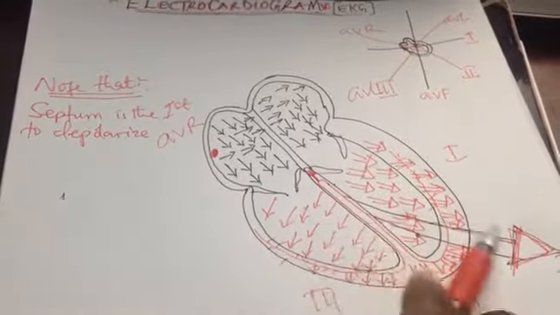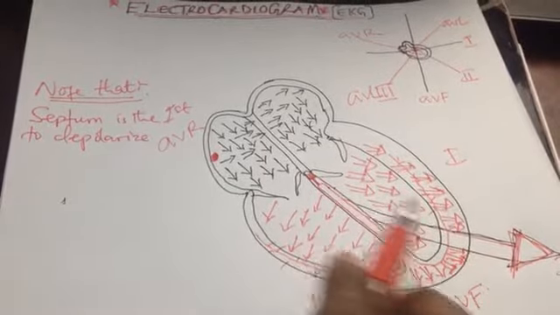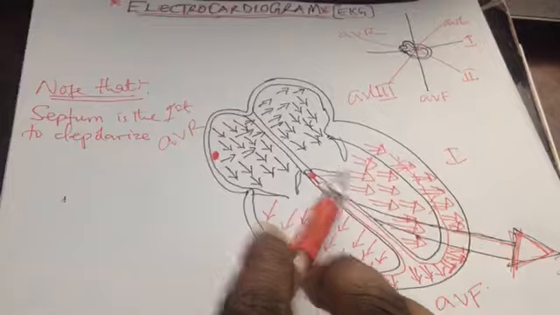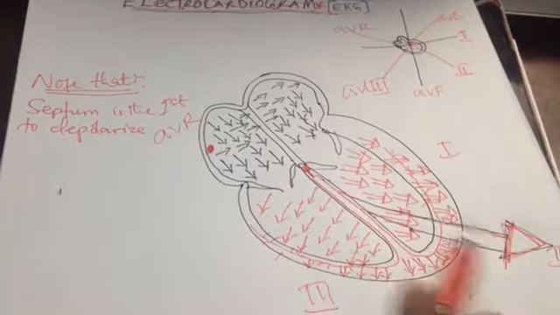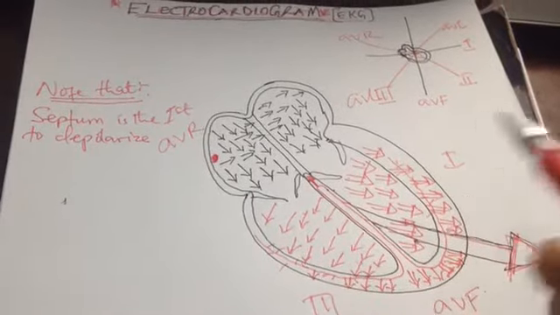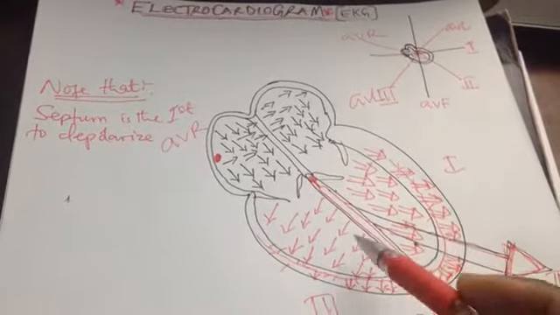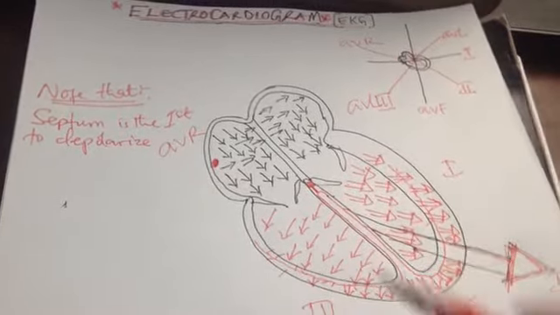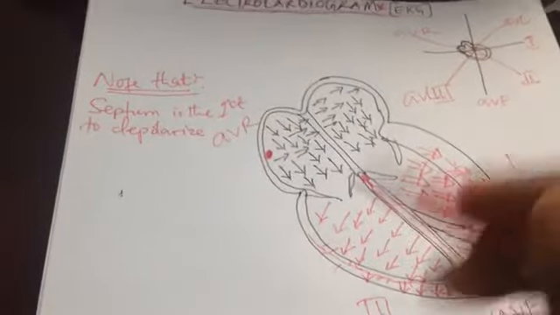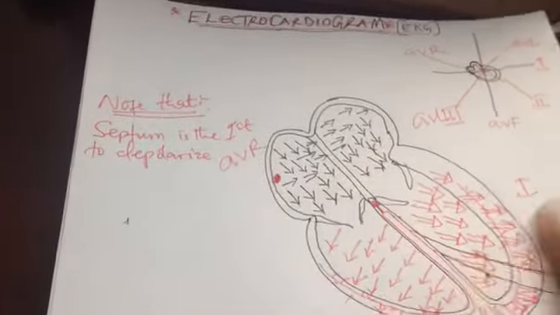Because this side is thicker, most of the direction of the depolarization wave is going to be moving toward this side, but this doesn't mean that it is flowing only in this direction. It is also flowing in other directions. So now let us begin with the AVR.